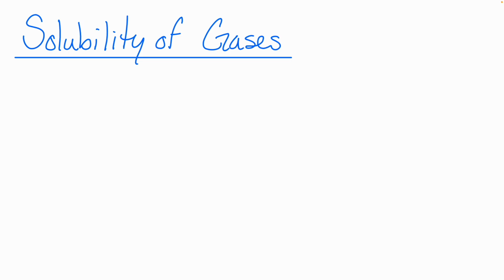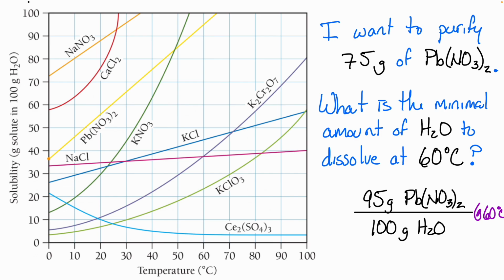The solubility of a gas depends on two important factors here. The first being the temperature of our solution. We talked about solubility of solids as a function of temperature, and as we noted, as we increase temperature, our solubility increases as well. Turns out that for gases, it's the exact opposite trend.